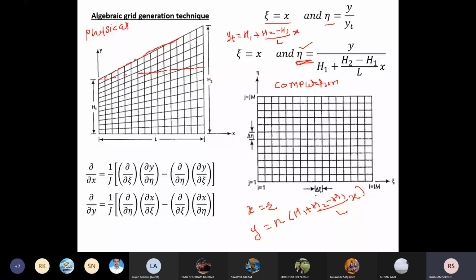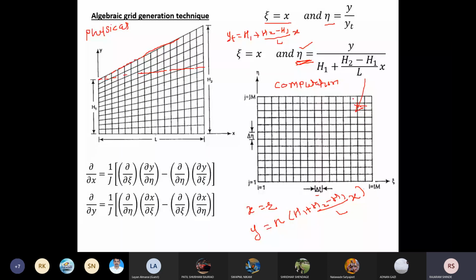Okay, and with equal spacing, and that spacing we can calculate from this one also. Now this gives the top horizontal line in computational plane. That means if we use this equation, you will get this top line, it is horizontal in the computational plane. Okay, now next one.